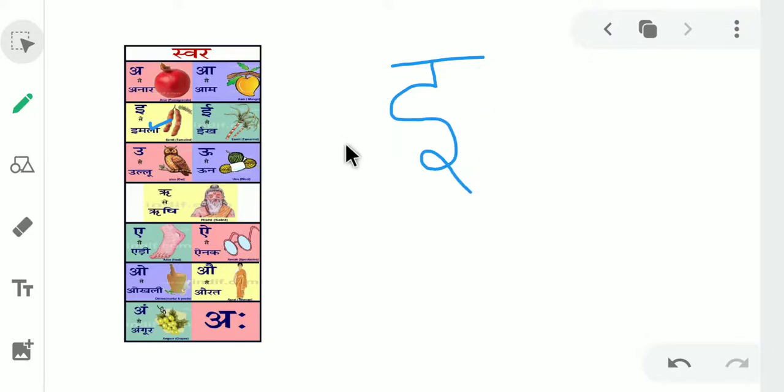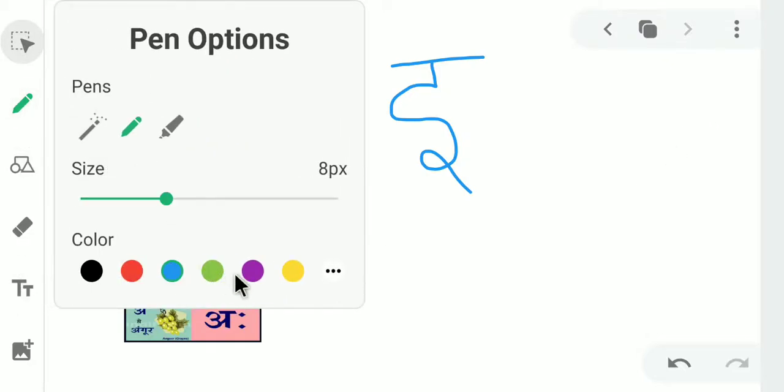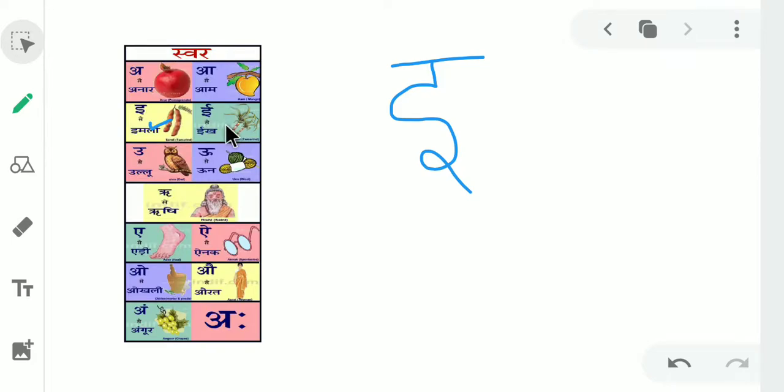And now if you have to write Ee, then you can write it like this, and here you can give a sign of a moon.